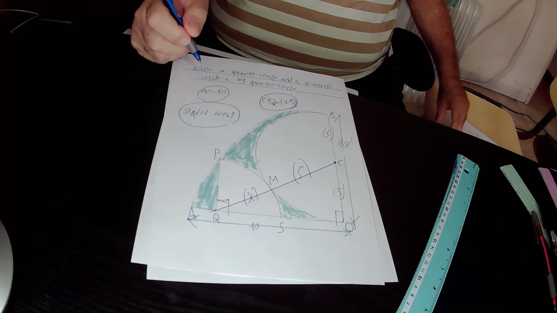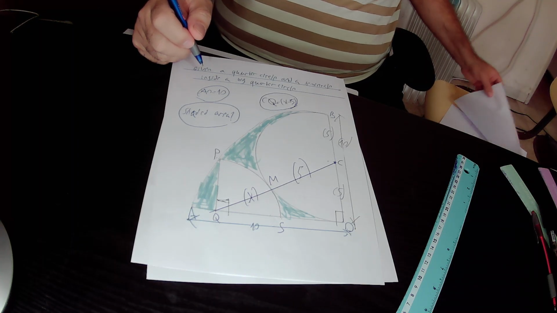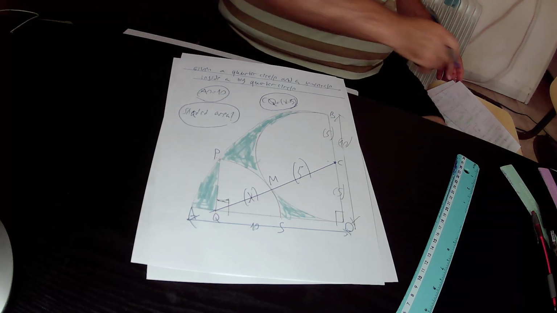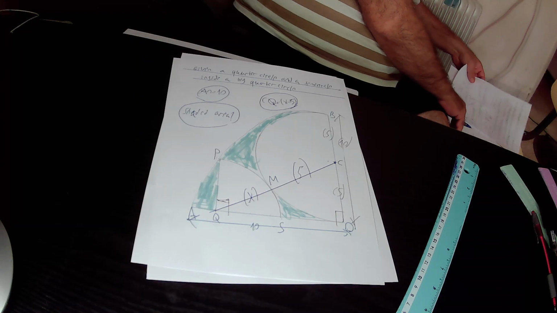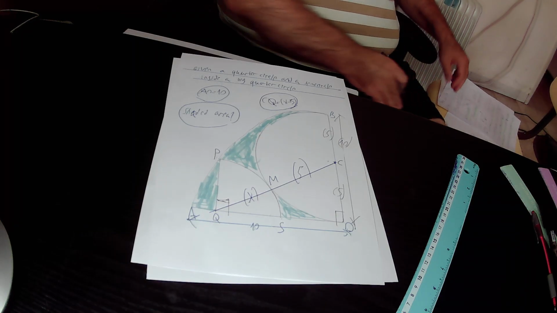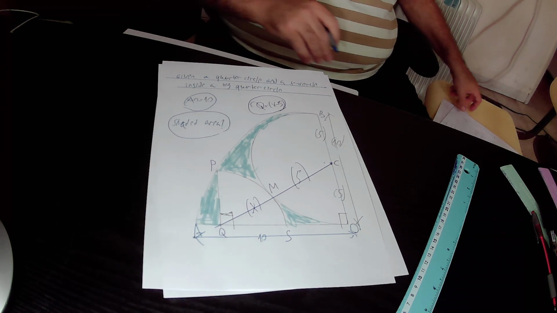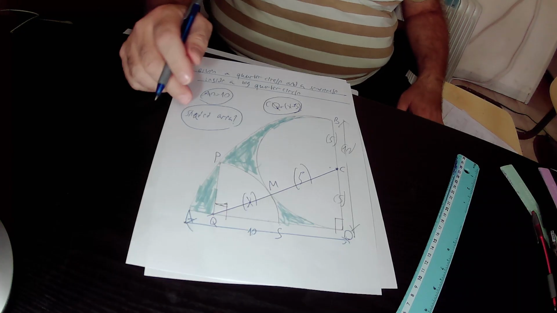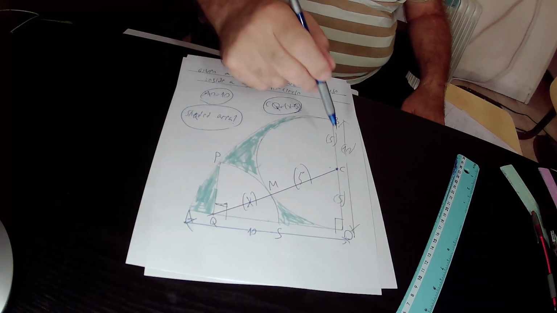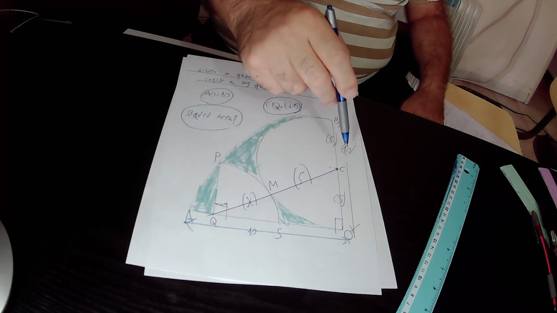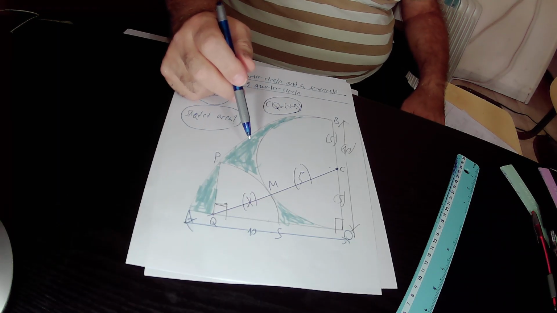In the next step, we will implement the Pythagorean theorem on this right triangle, triangle COQ. So we copy triangle COQ to a new page, and we will implement on it the Pythagorean theorem.